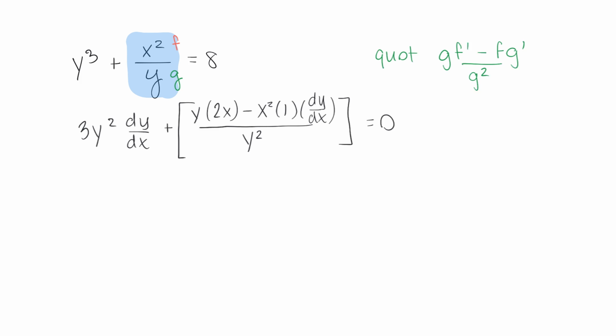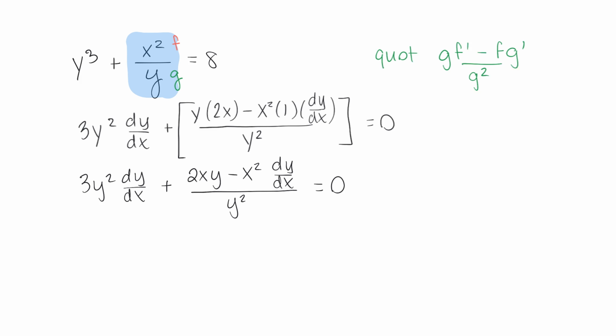Well, first of all, we're going to clean it up, and we're going to get 3y squared dy dx plus 2xy minus x squared dy dx over y squared equals 0.